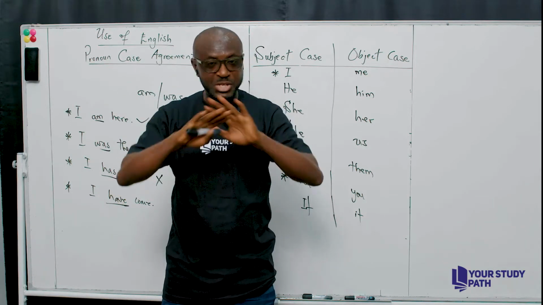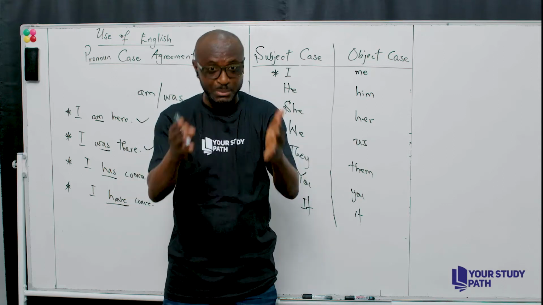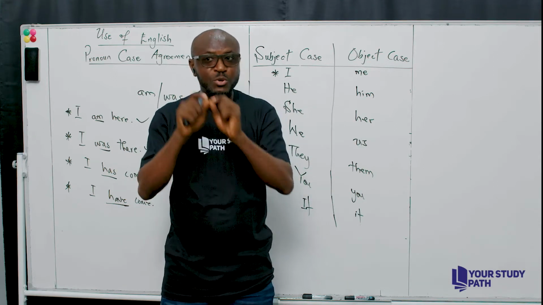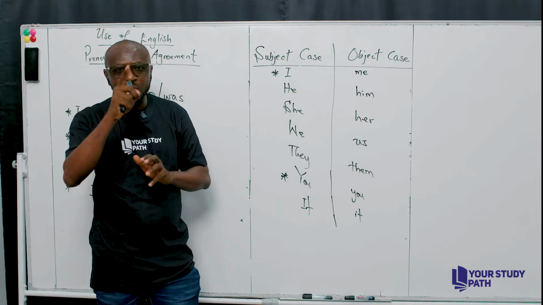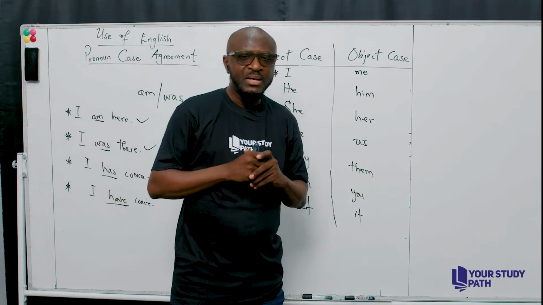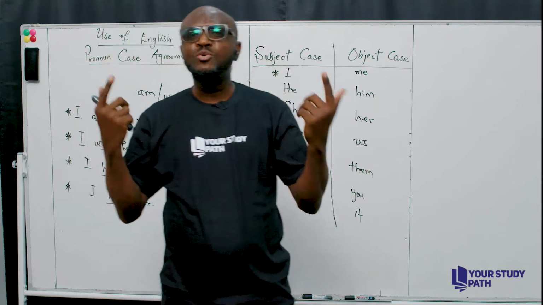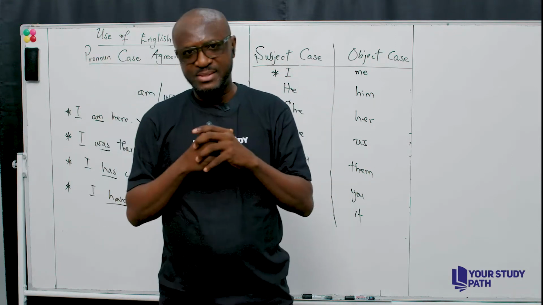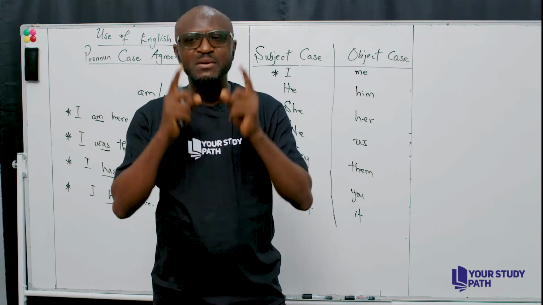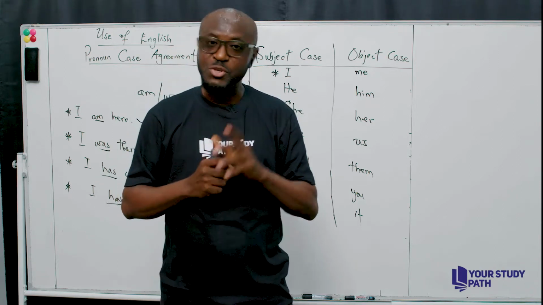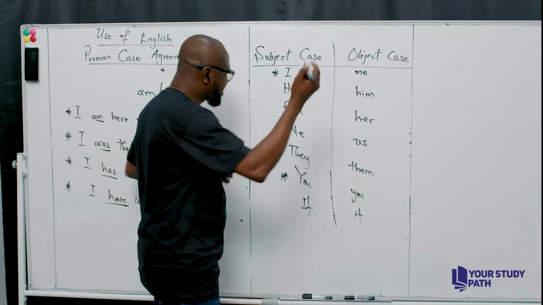So whether it's a singular or a plural pronoun or subject, it remains as "you." Now note this very quickly. Whenever "you" is used in sentences, it must always admit the plural verb. So you can't afford to say something like this.